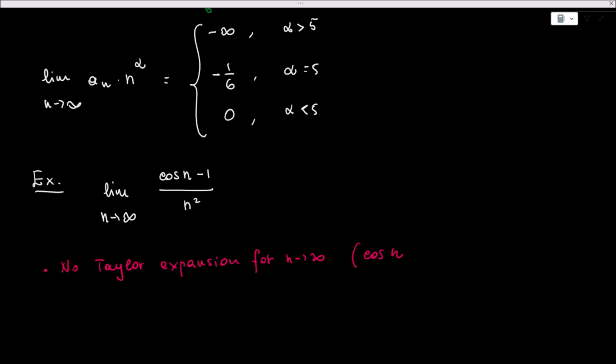So we cannot use the expansion like cosine of n equal to 1 minus n squared divided by 2. No, no, no, this is totally wrong, just because the cosine of n is not an infinitesimal for n that goes to infinity.